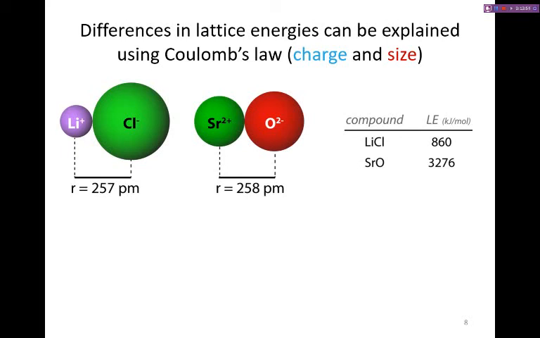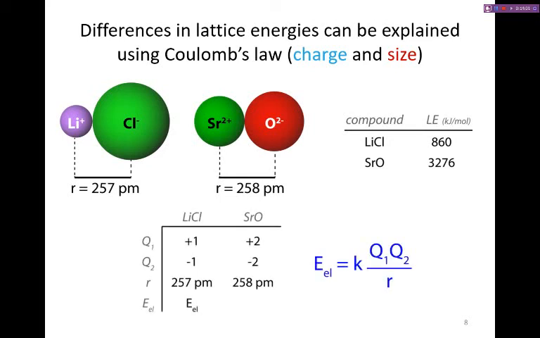However, the difference in their lattice energies is drastic. The reason is that when you evaluate the charges and plug those values into Coulomb's law, we can solve for the electrostatic potential energy. Because the charges on strontium and oxygen are twice that each, that's going to give us a lattice energy that's approximately 4 times the value of lithium chloride.